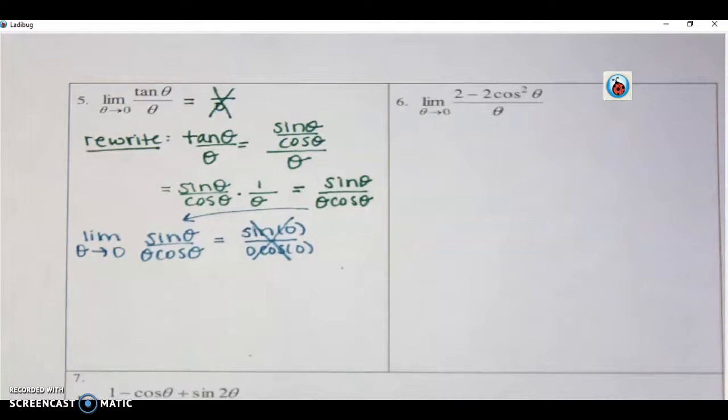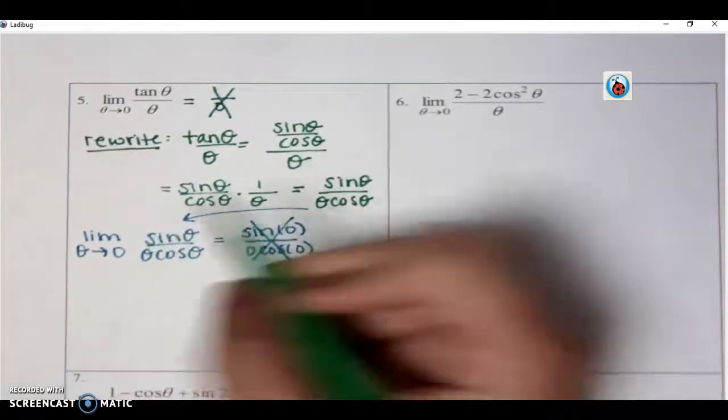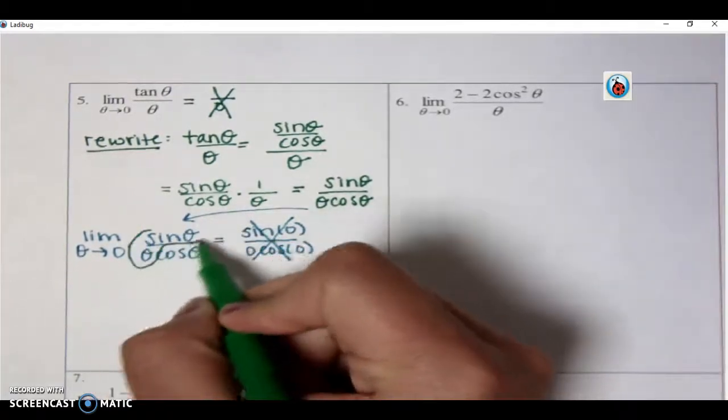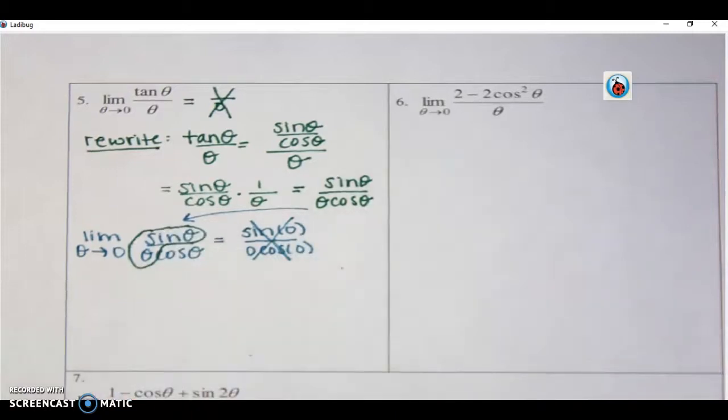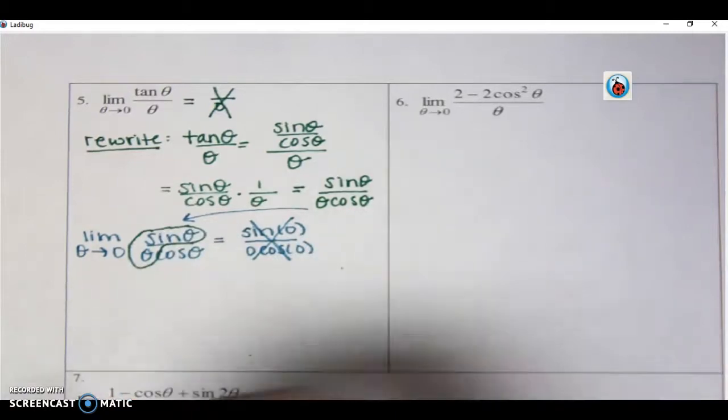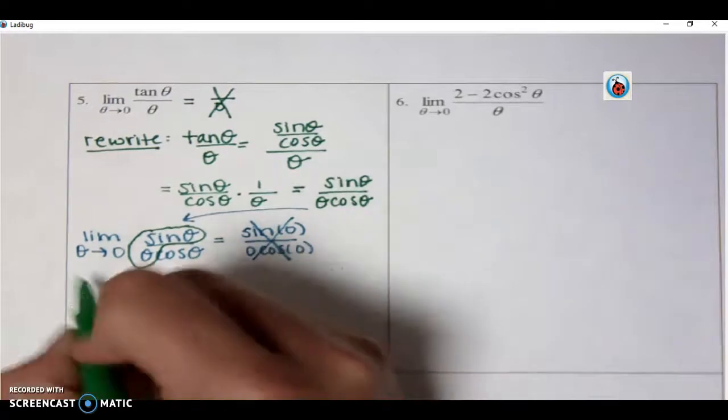So think about the things that you need to memorize. How we had that sine of c theta over c theta, and that would always give us 1. So if you look here, we can actually see how we have sine theta over theta. That would be that property there. So we're going to split this into two limits.